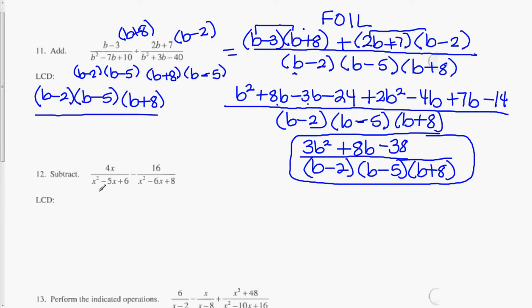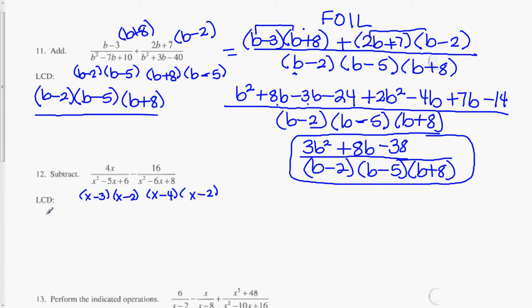All right, let's look at the next one. This is a subtraction one, so I'm going to have to factor. First thing I do automatically is just factor denominators. So factors of positive 6 that add up to a negative 5 would be negative 3 and negative 2. And then factors of 8 that add up to a negative 6 would be negative 4 and negative 2.